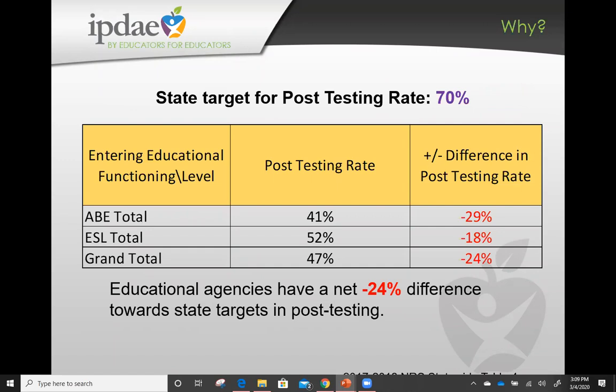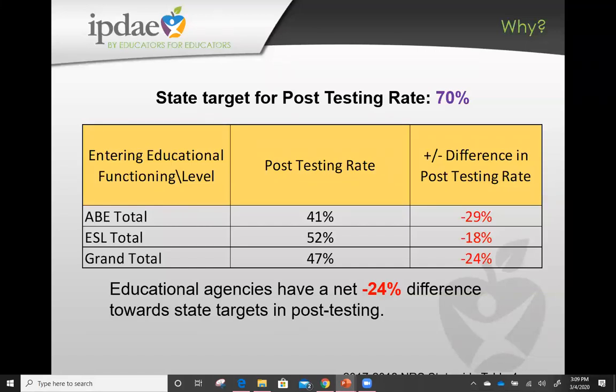Another thing that's also impacting, to a greater extent, the performance or the measurable skills gain is the rate of post-testing. There is a state target of 70% post-test rate for all students enrolled in ABE and ESL.